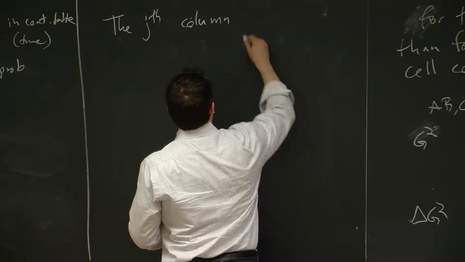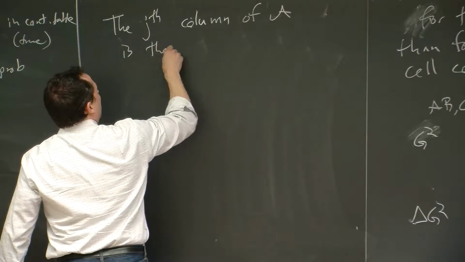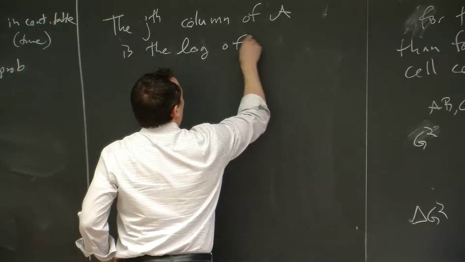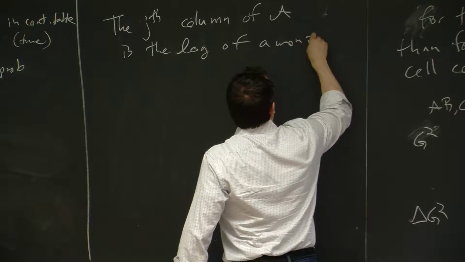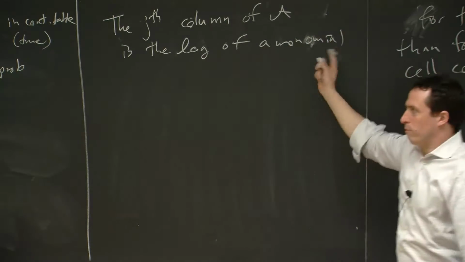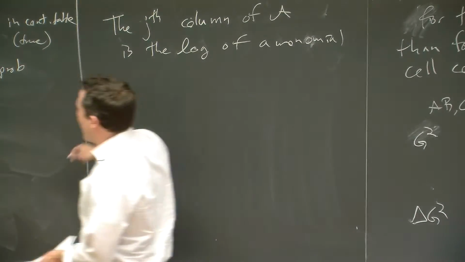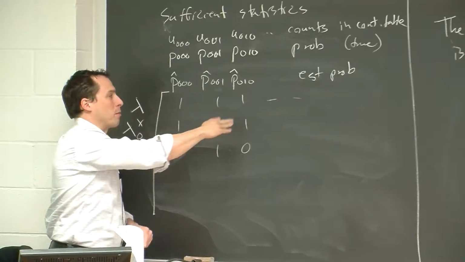The jth column is the log of a monomial expression. A monomial is just a bunch of variables multiplied together. I can think of it as the log of a monomial that is proportional to the probability of this cell.